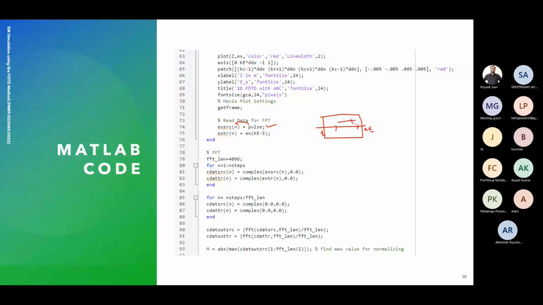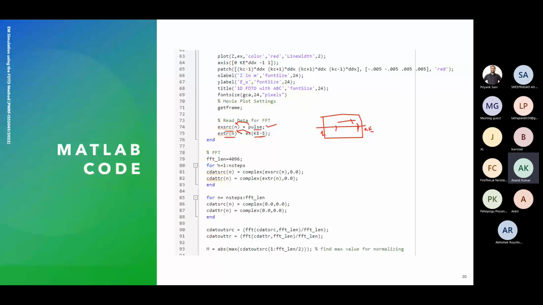So the electric field at ke minus 5 gets recorded in extr. Once the loop ends, we have an array that has stored all the data of the electric field at ke minus 5, and an array that has stored all the data of the pulse we are giving at the source point.